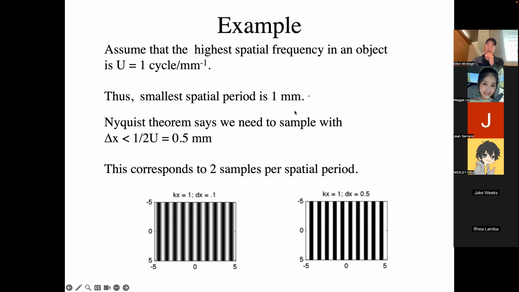So the smallest spatial period is 1 millimeter. Therefore, I need delta x to be 1 over 2u, which is 0.5 millimeters. Okay, that's called the Nyquist criterion. Okay, and if I have those frequencies in my signal, I should sample at that rate, right?